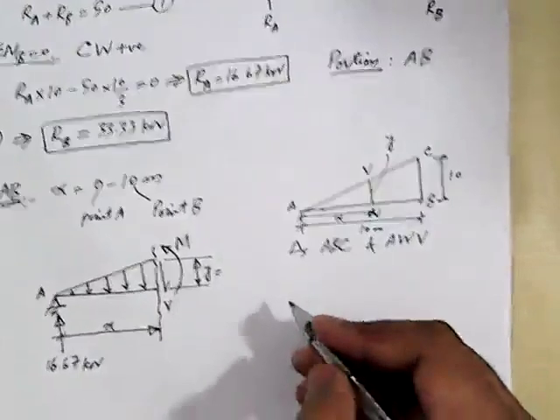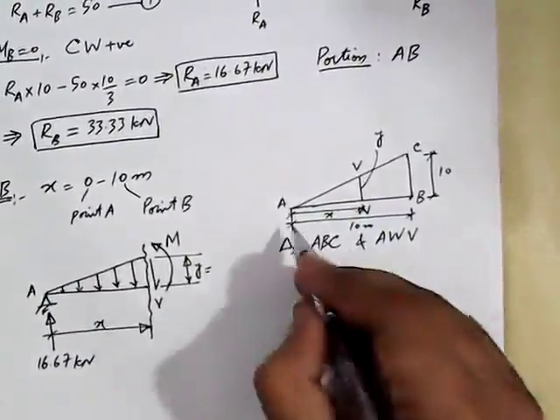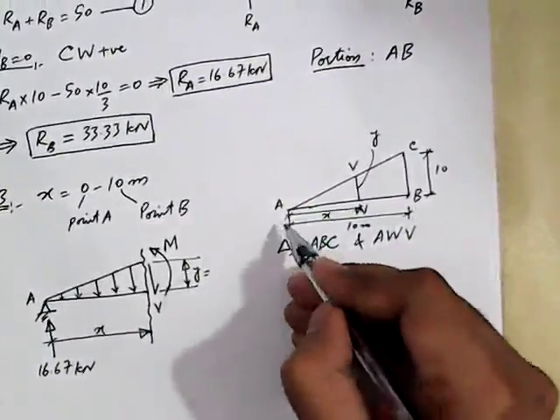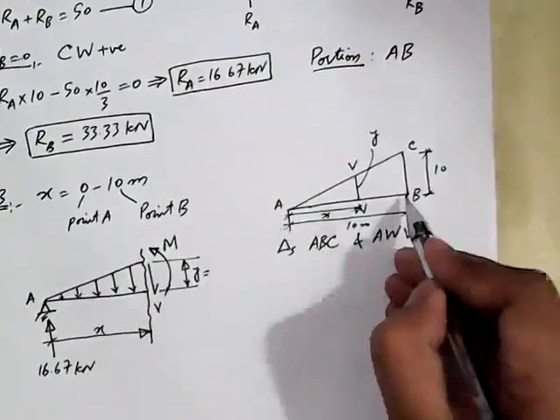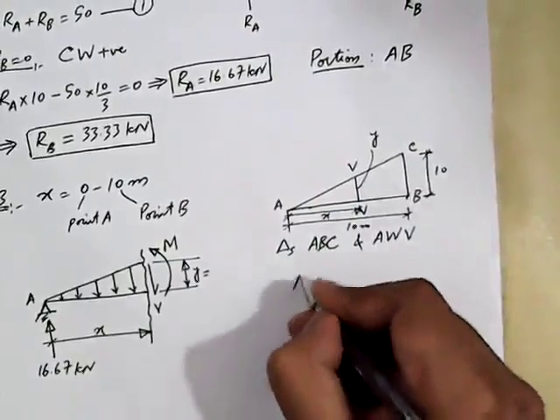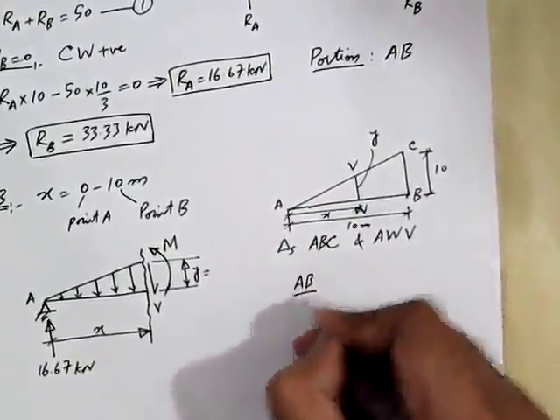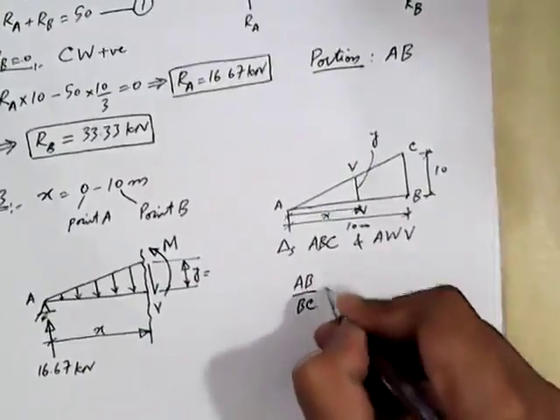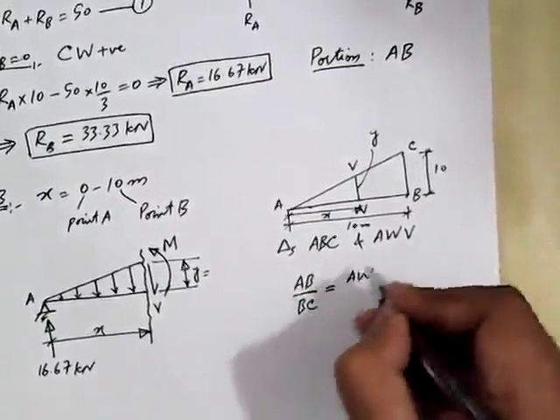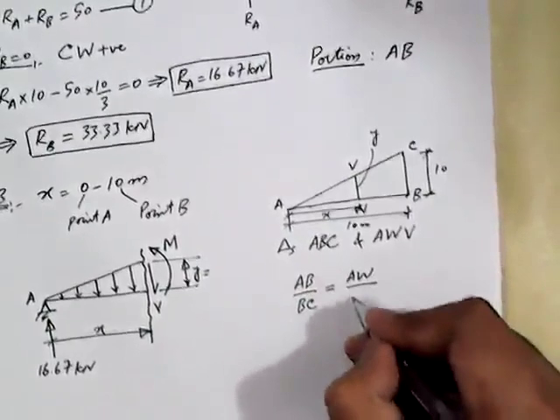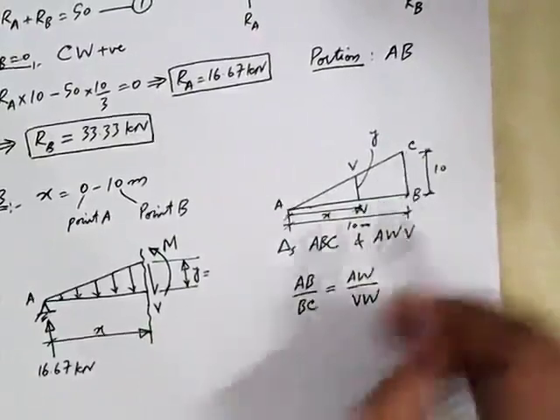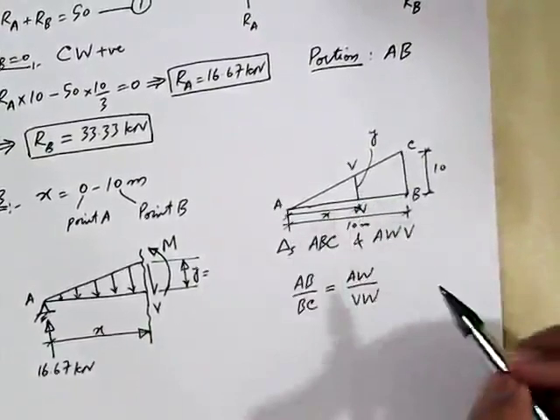So from similar triangle concept, the ratio of base of this triangle and perpendicular, so AB over BC should be equal to AW over VW.